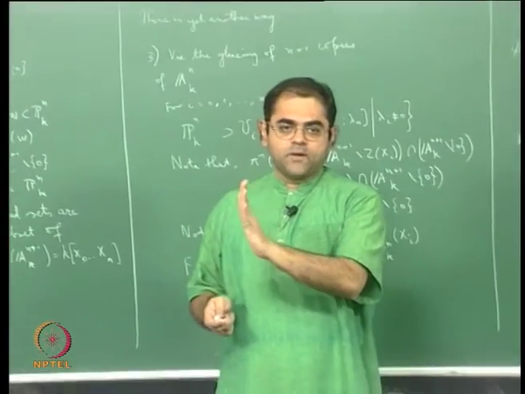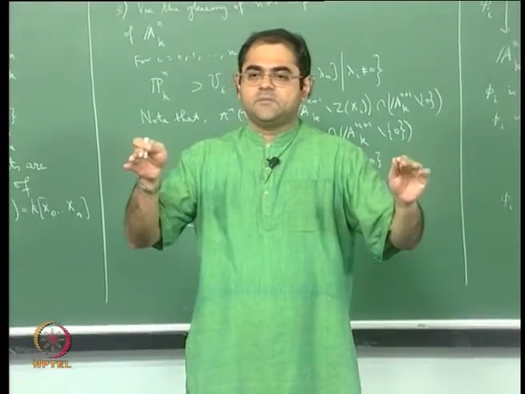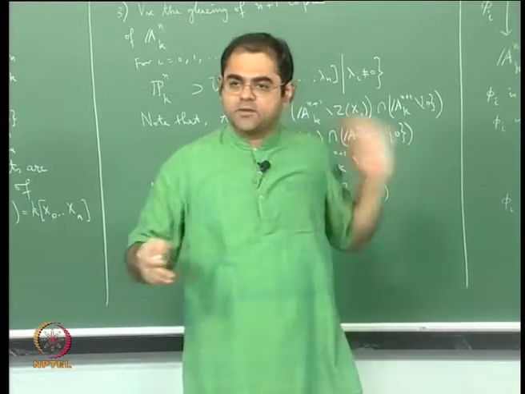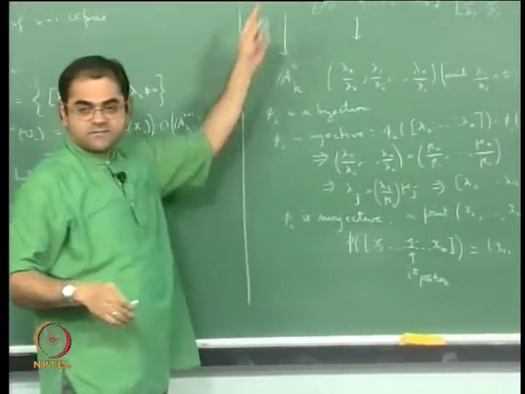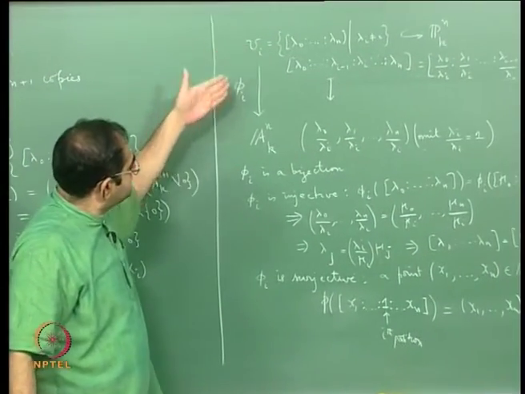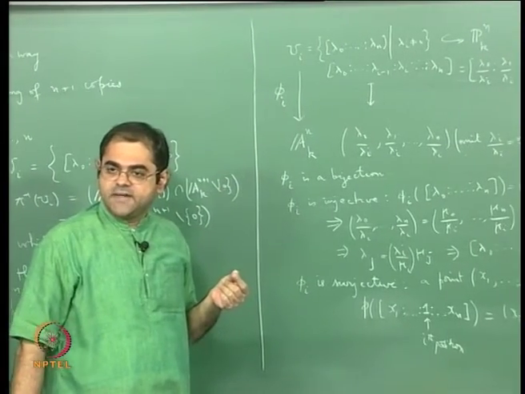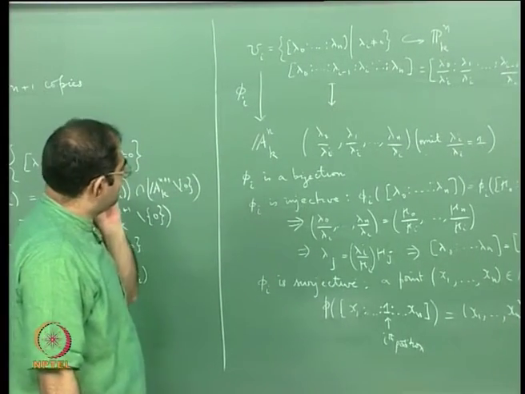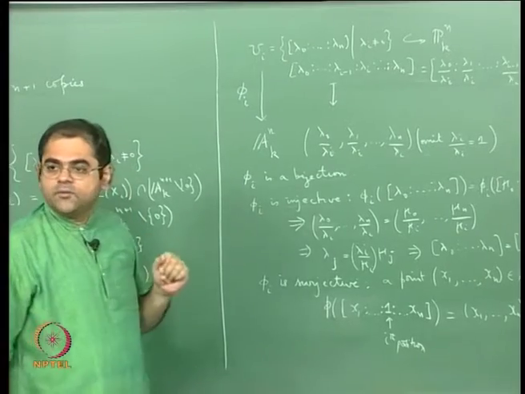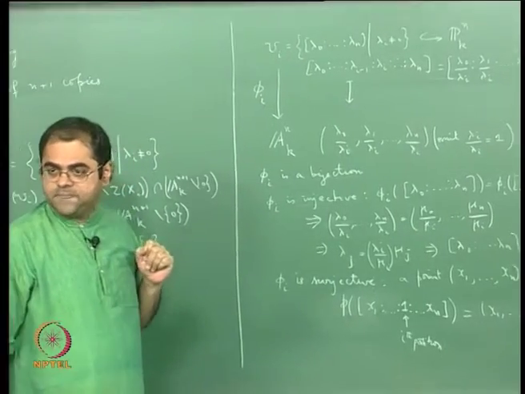In the ith position you put 1, the remaining n positions you put these in the same order. That's the map in the reverse direction. Therefore these phi I's are all bijective maps.